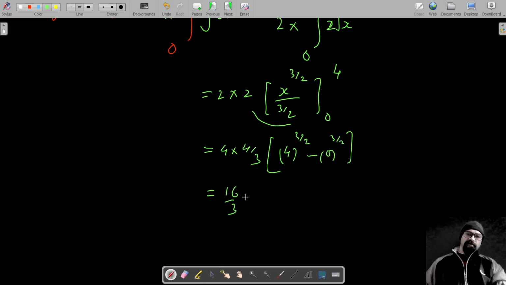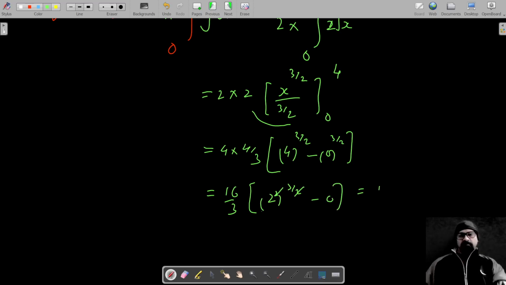So 4 can be written as 2 square, so 4 raised power 3 by 2 is 2 square raised power 3 by 2, which gives 2 cube, that is 8.